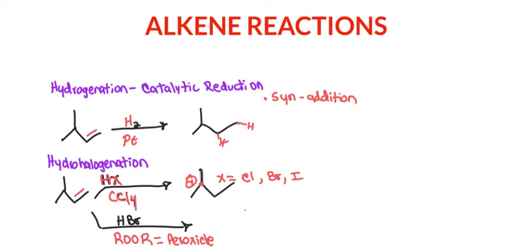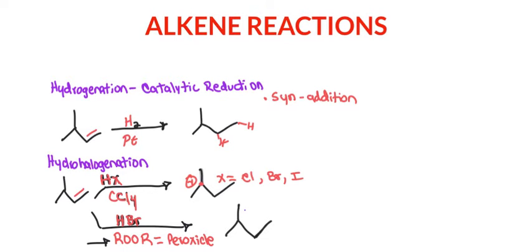But in this case, if you notice here, this will go to the least stable position because it has peroxide. Peroxide works not with HCl, hydrochloride, but with HBr; peroxide will push HBr to the least stable position.